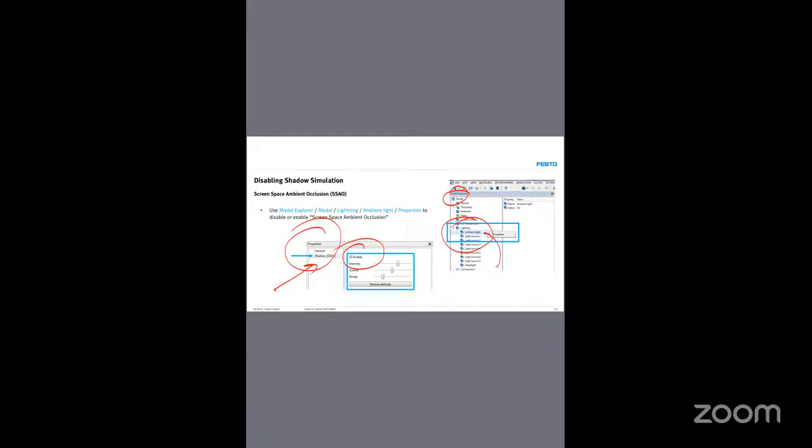Now this is enabled, so you can turn it off. Again, if you do this, your simulation speed will increase.